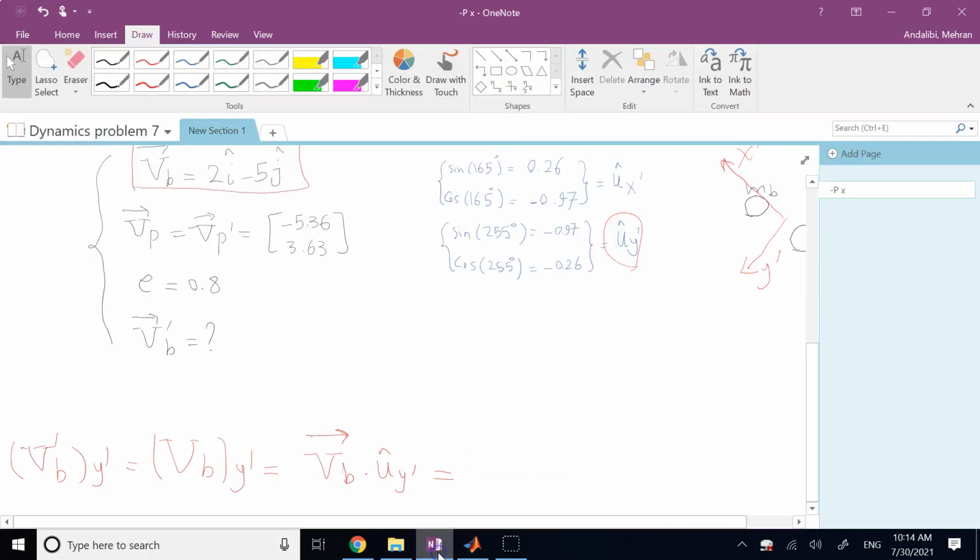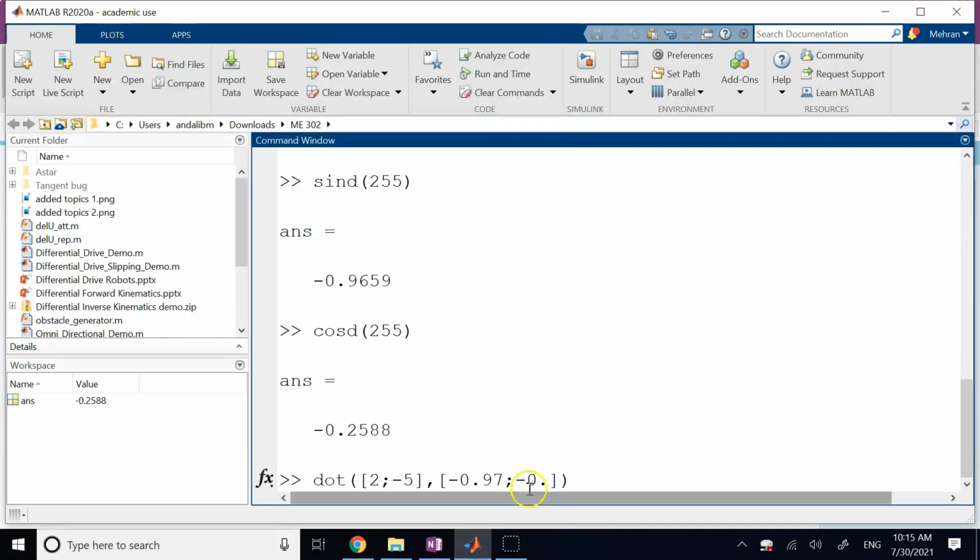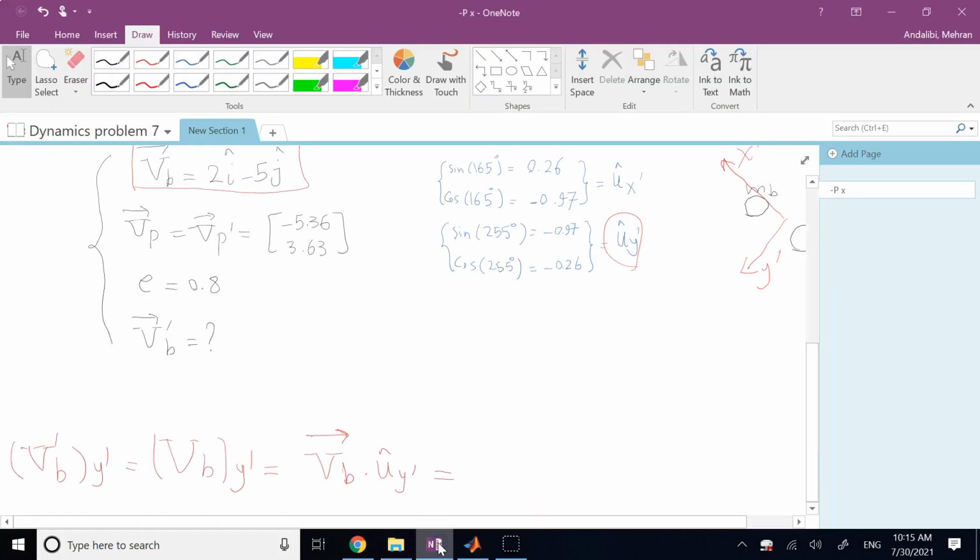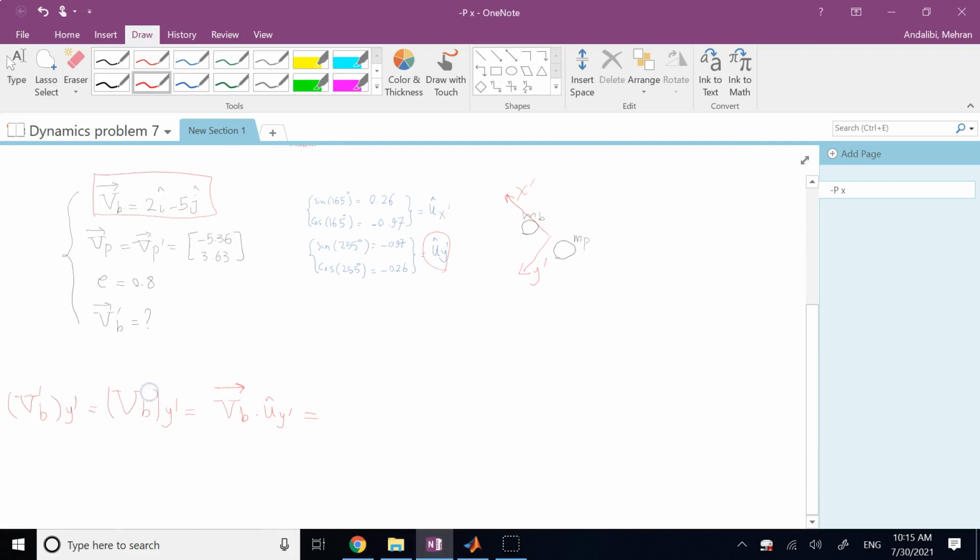Well, wait a minute, let me make sure. Yes, but the unit vector is cosine in the I and sine in the J, so I have to exchange. Okay, so it's cosine I plus sine J. So if we want to put it in order, we have to do it this way. And the answer is 4.33. Okay, it is 4.33 meters per second.